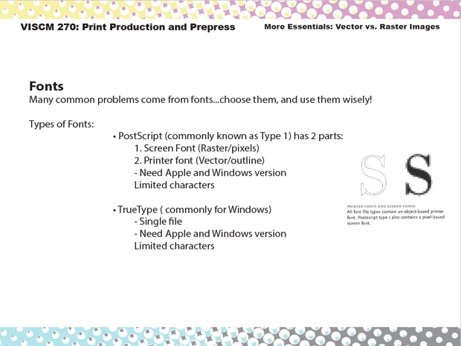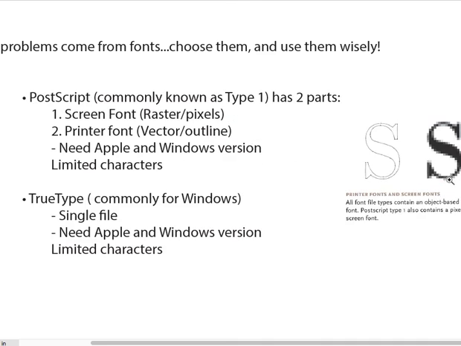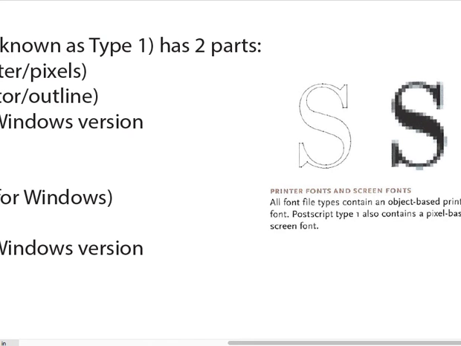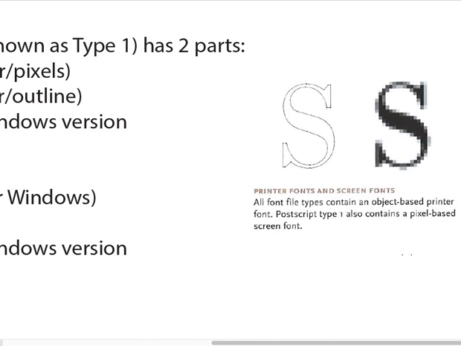And what that means is that you'd have two separate font files, where one was a screen font that was pixelated. Think of it as a raster image, a bitmap image of the font. And the other one was a vector version of it, which was called the printer font.